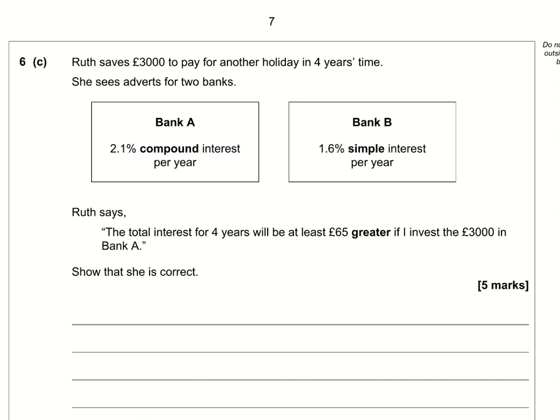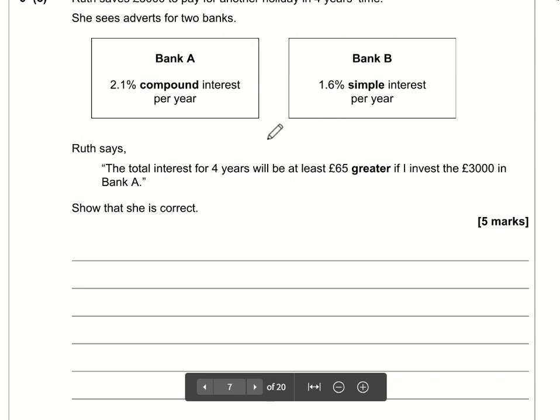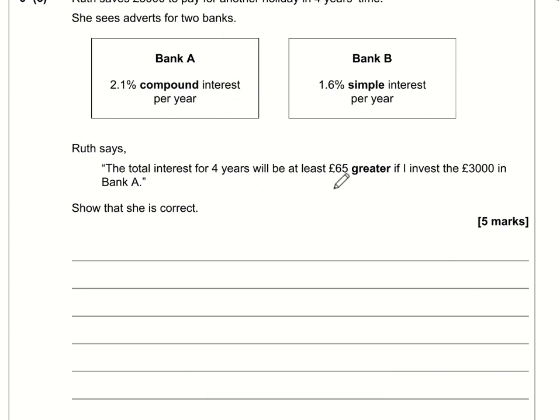And question 6c. So we just need to work out the interest for Bank A and Bank B with a 3,000 investment. So we need to show that it's at least £65 greater. So Bank A, it's 2.1% compound interest, so that means she's going to be earning interest on interest in subsequent years.